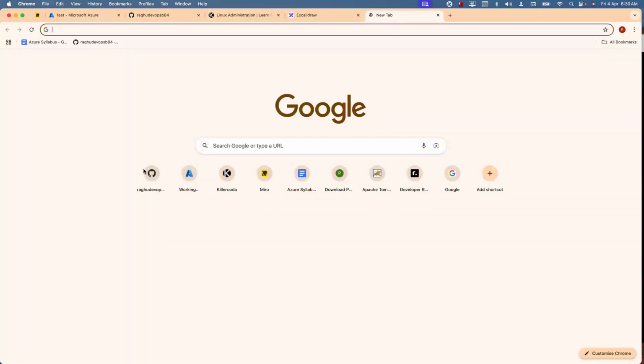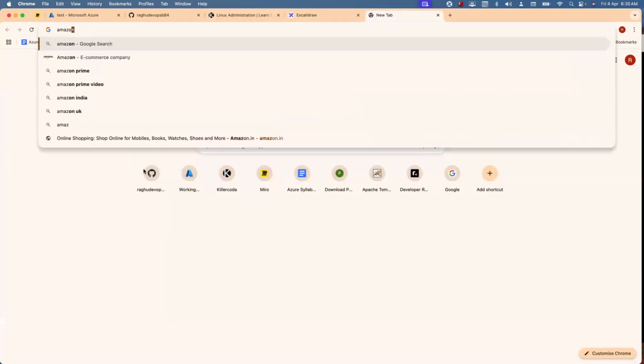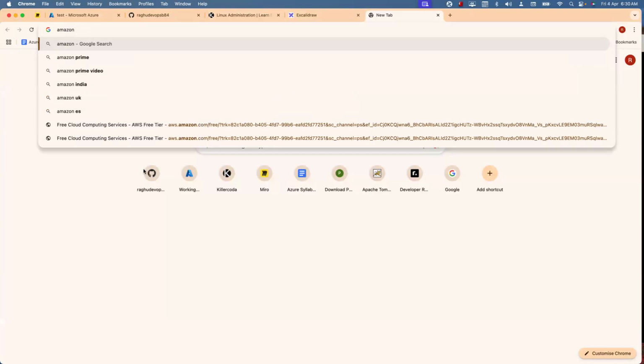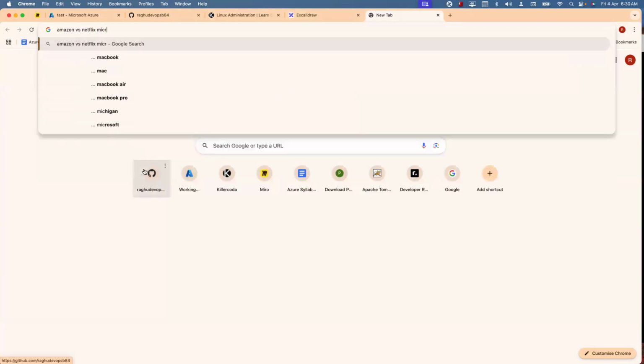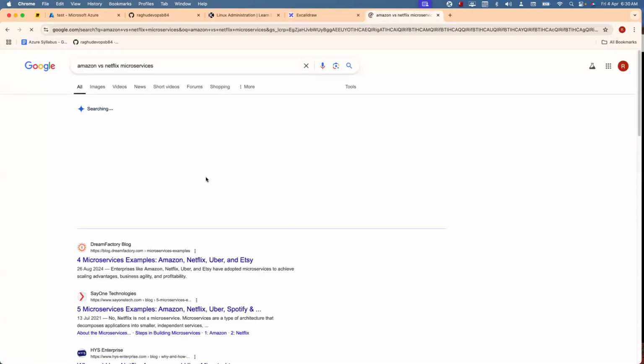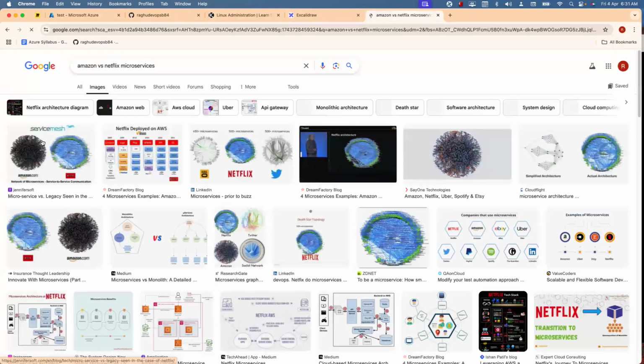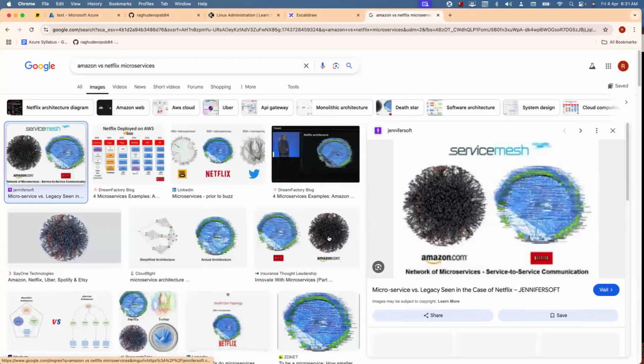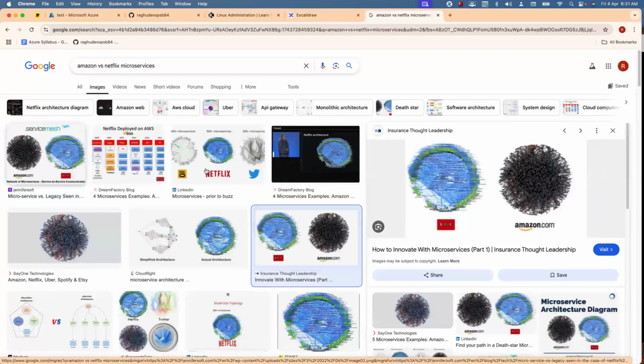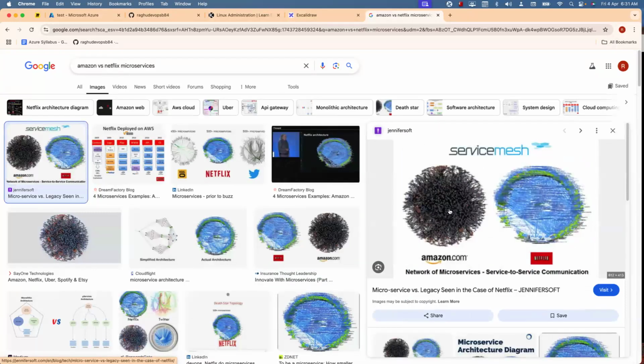In the microservices world, for an example, if you take Amazon versus Netflix microservices, there is a diagram, by the way. Big platforms usually will have such diagrams. So that is coming up for Amazon, with all the components connected to each other.